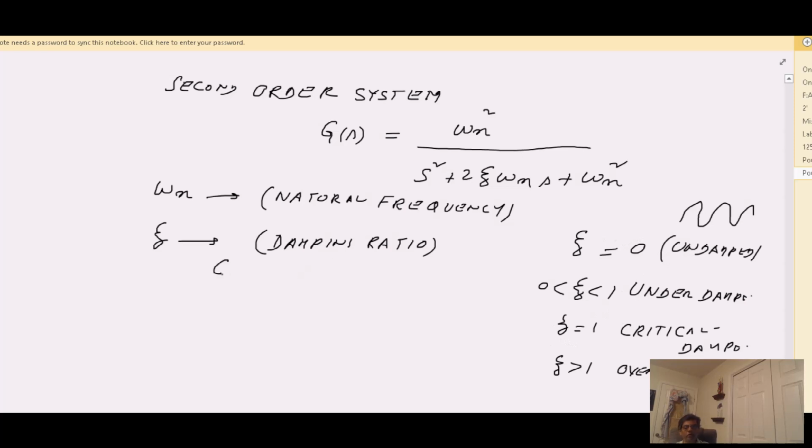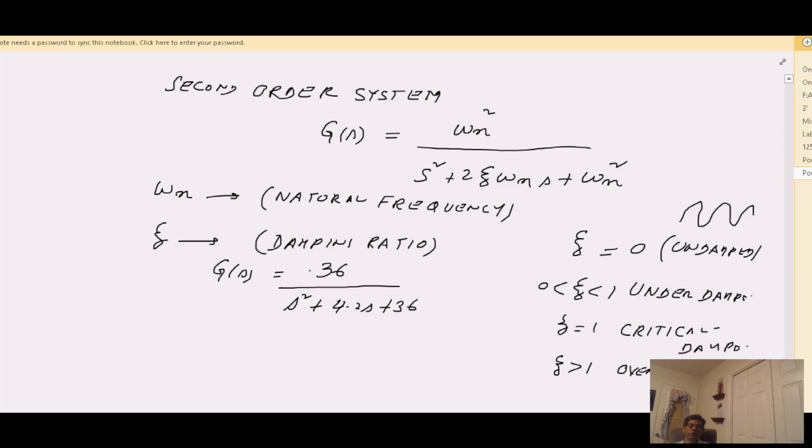So we are going to say that G of s here is equal to, let's say, 36. Looks like a good number. 36, and this is the example problem from your reference book by Nise. So that would be 4.2s plus 36.